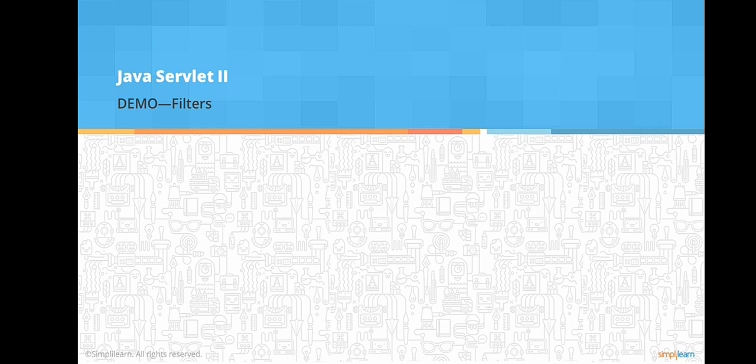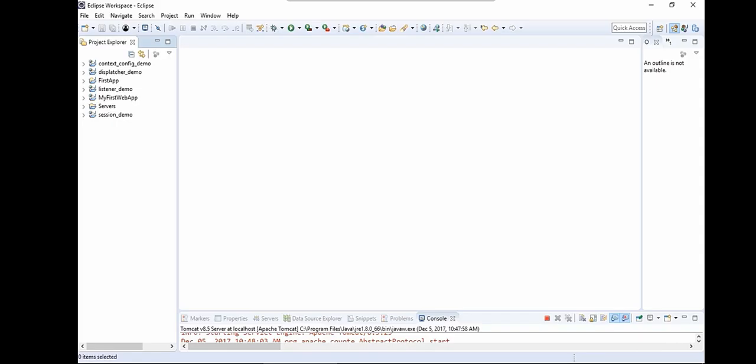Let's look at a demo on filters so we understand the concept better. We'll go back to Eclipse and we'll run through a quick summary of what we discussed. A filter can be applied on any servlet or JSP page. The filter can be written as pre-processing logic before the request goes to the servlet, and it helps in reducing the load on the servlet or JSP page.